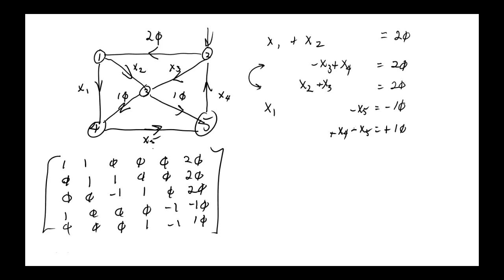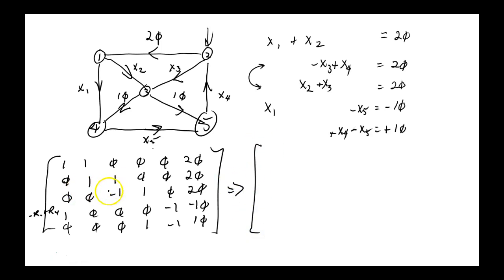You got 1 where you want it, and this is the only thing you need to change here. So let's do that. How do we get this to change? Minus row 1 plus row 4.